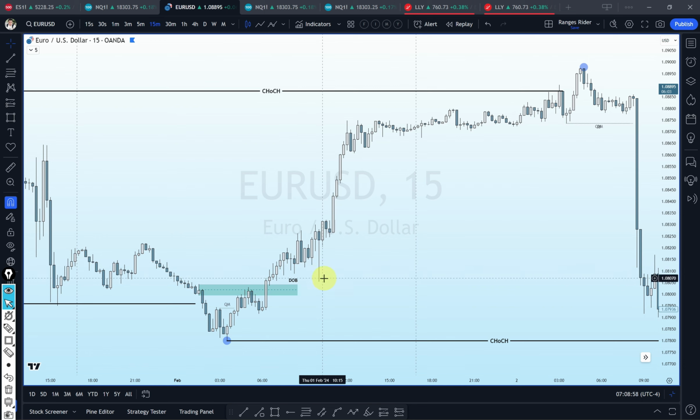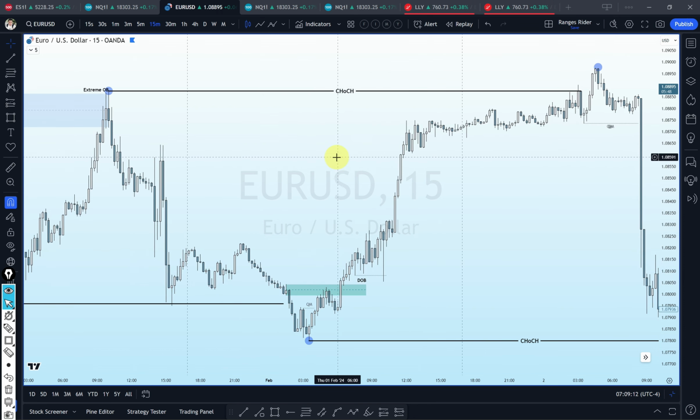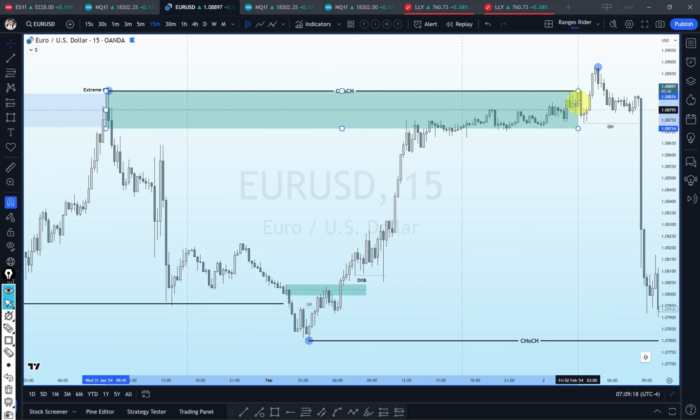And now we are looking for short. Actually, this candle, I think this is the news, but this candle took almost all liquidity and was a very good place to enter. But because of the news, maybe we can't enter. And we will go until where? We will go until the extreme order block.